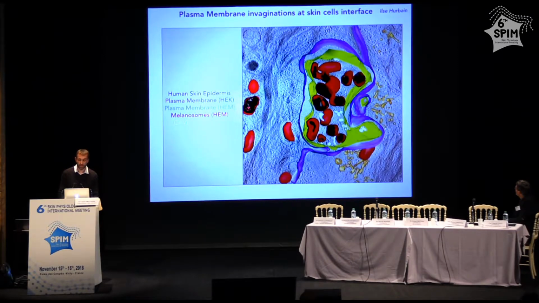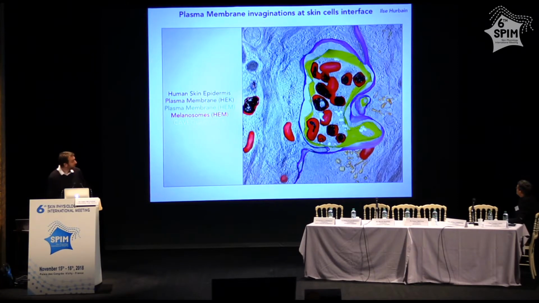We decided to have a better understanding of the morphology of this structure, and for that we used electron tomography. This is an imaging approach that allows you to reconstruct in 3D at the ultrastructural level the morphology of your sample of interest. So here we are still in the melanocyte dendrite. The plasma membrane is in green. The plasma membrane of the keratinocyte is in blue. And in red, you have the melanosomes full of pigment here, and you have this plasma membrane invagination here in white.